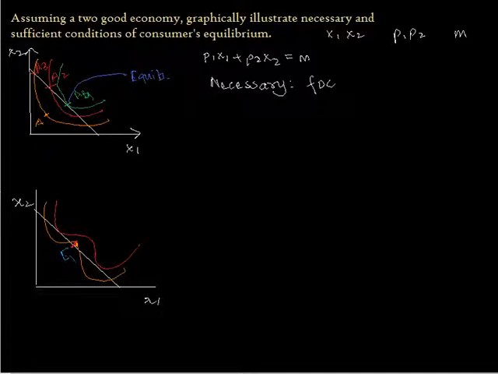So for the necessary conditions to become sufficient, you assume that MRS is diminishing. If that is the case, then you will not have these kinds of indifference curves, and hence your necessary and sufficient conditions will be the same. Thanks.